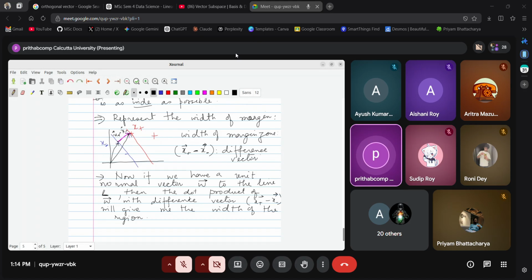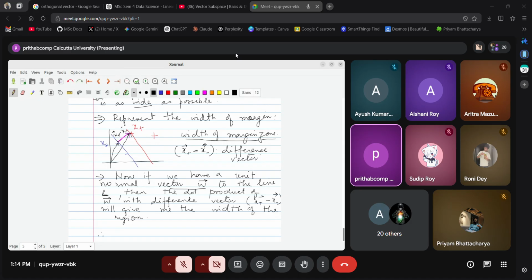So here this is a vector, right? This width of the margin zone that I am trying to define. So when it is x plus minus x minus, this is a vector. But what I need to find is this vector's projection on the unit normal vector, this W, on the median line.